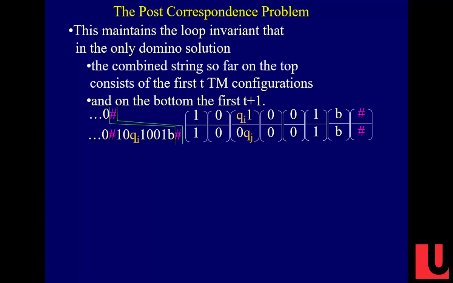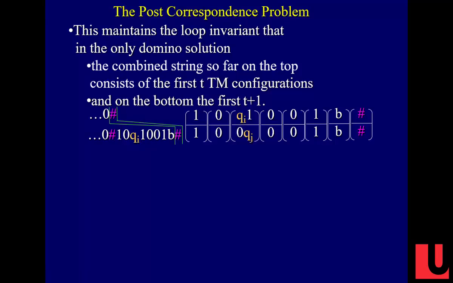Suppose somebody gives me a Turing machine and an input, and I want to know whether it halts or not. What I can do is make these little tiles that look like little pieces of the Turing machine. And what the string on the top will be is an accepting computation, right? What the computation says?